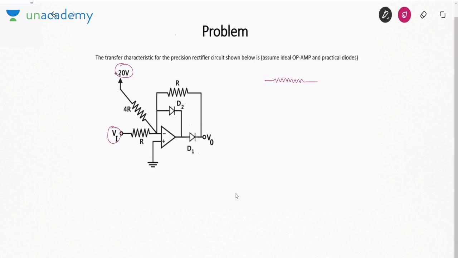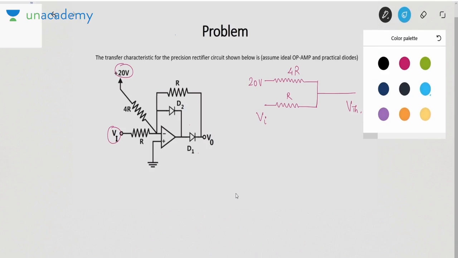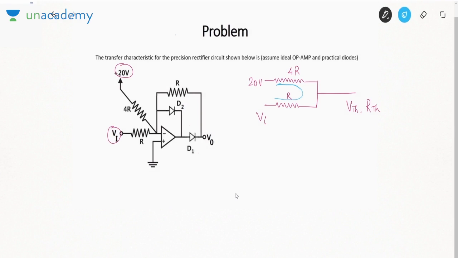I will find out the Thevenin equivalent of the two inputs, Vi and 20 volt, with 4R and R. Across this terminal I want to find VTH and RTH. So I'll assume a current I like this. This current I will be Vi minus 20 by 5R.